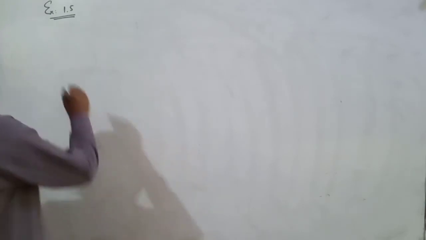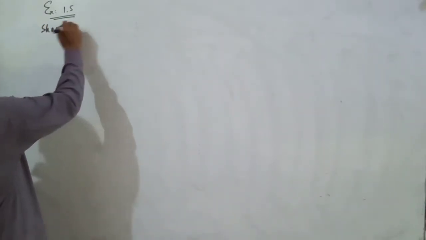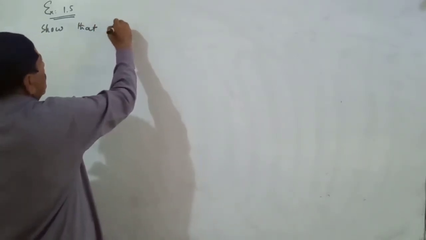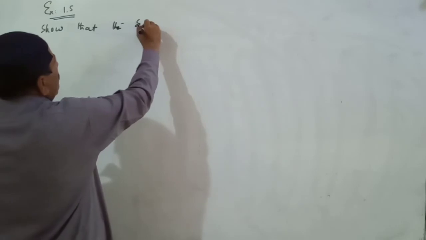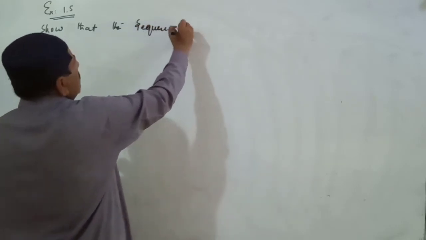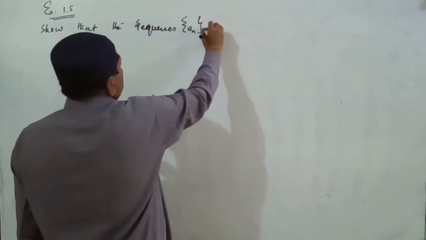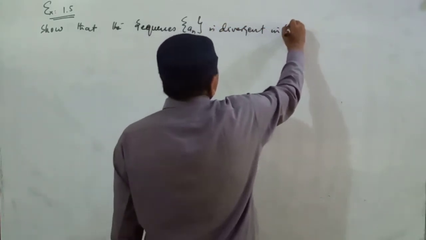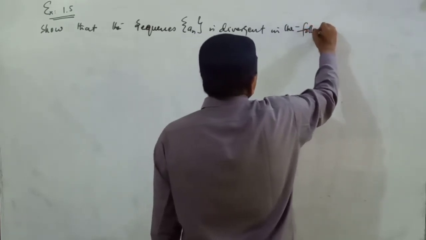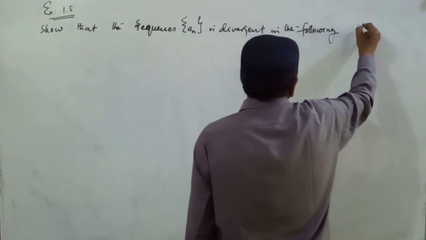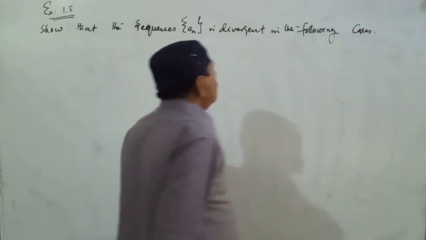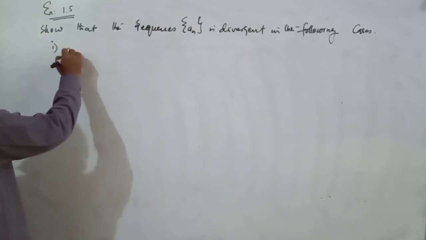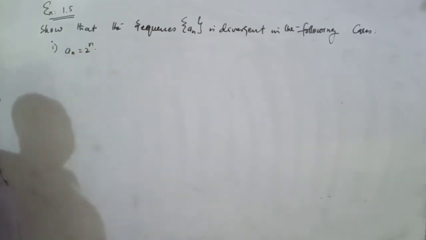Show that the sequence an is divergent in the following cases. Number 1, an is equal to 2 power n.